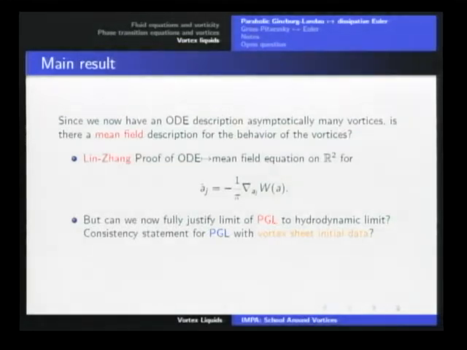But can we fully justify the limit of this parabolic Ginzburg-Landau, so this analog without the applied magnetic field? Can we justify the limit to this mean field model and in some sense have a consistency statement, so that if we have some type of, let's say, weak initial data, we can construct solutions that are approximated by vortices and then evolve according to the mean field equation?